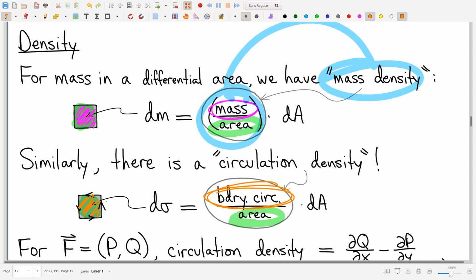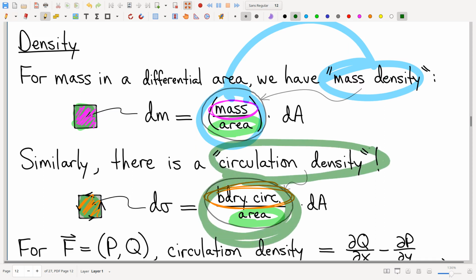Okay, so in the same way that we can talk about mass density like that, we can talk about what we're going to call, and I hope this is no surprise, circulation density. Totally analogous to the idea of mass density.